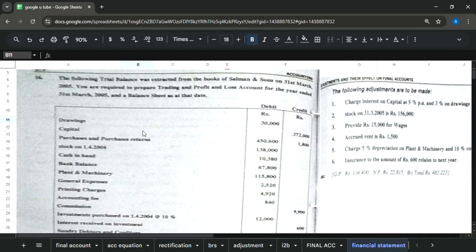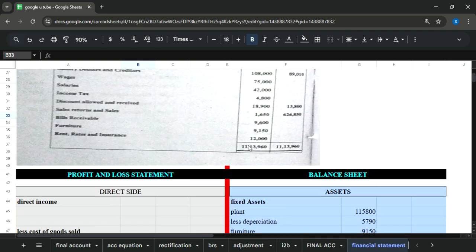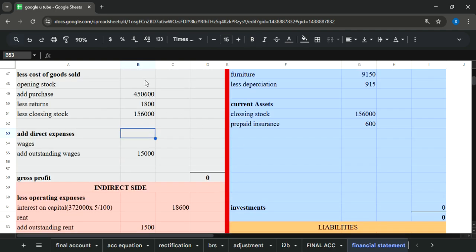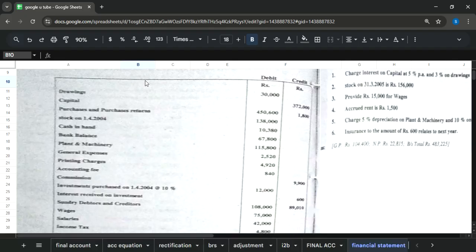Now slowly and steadily we are getting forward. Drawings entered, capital entered, purchase and purchase return entered. Then we have stock. Since it is first, that means opening stock 138,000, and here you will mention it, 138,000. Right guys, we have entered stock.